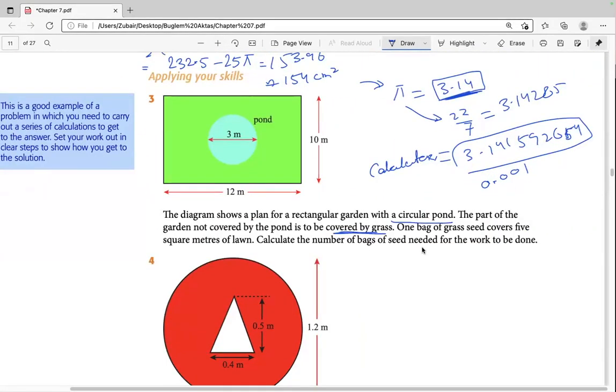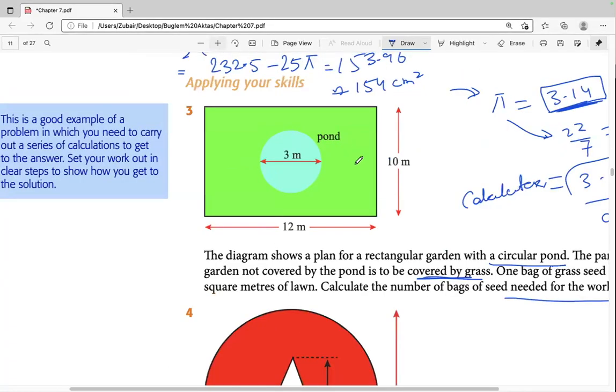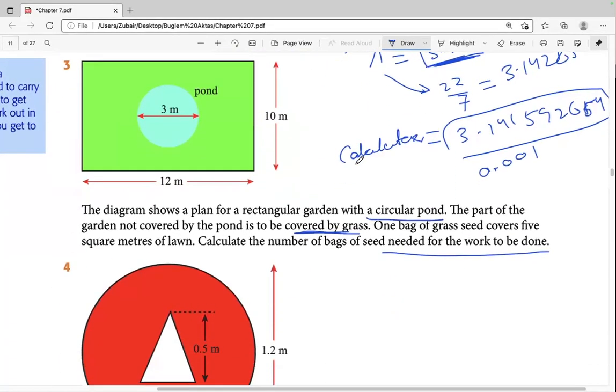Calculate the number of bags of seeds needed to work to be done. Statement, questions and nothing else.